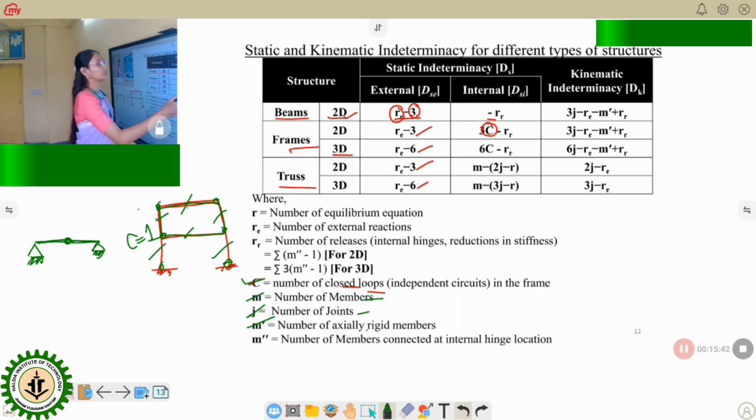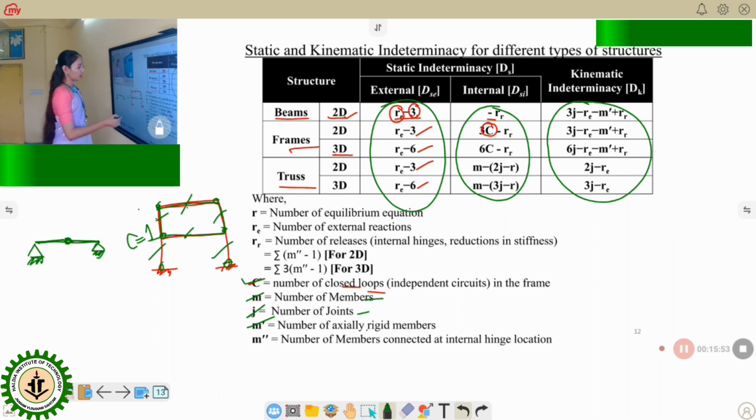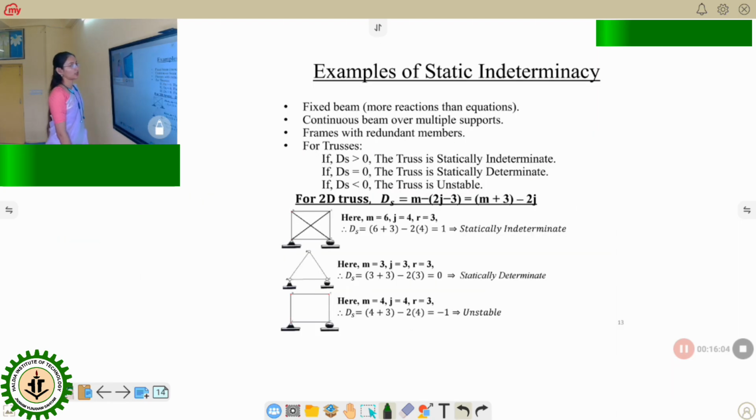So like this, the whole equation system has been summarized in this table, which will be helpful for you to follow for complicated structures. From here we can deduce the values and calculate the external and internal static indeterminacy as well as the kinematic indeterminacy. Now let us go for some examples.